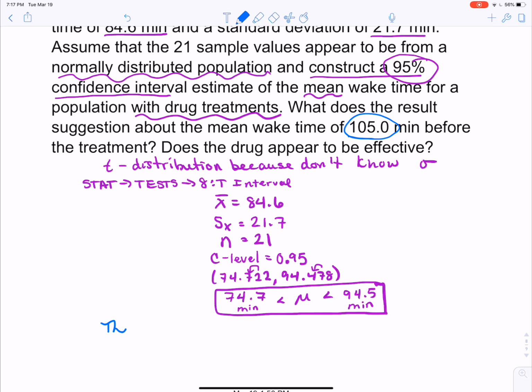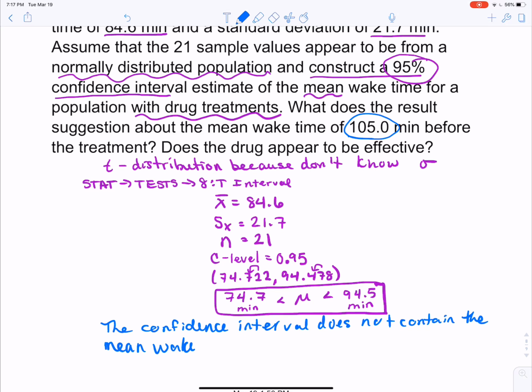So we can say the confidence interval does not contain the mean wake-up time of 105.0 minutes before treatment.